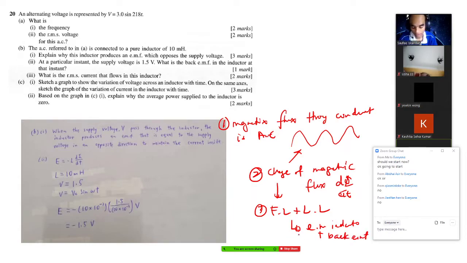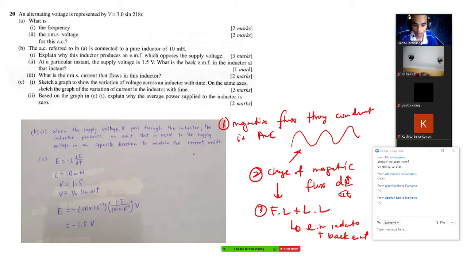So this is the whole thing you have to mention inside the answer. First, magnetic flux. The student says that when the supply voltage enters the inductor, it produces an EMF equal to the supply voltage to maintain the current. No, no.